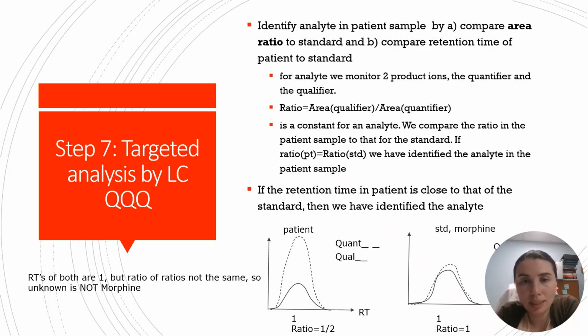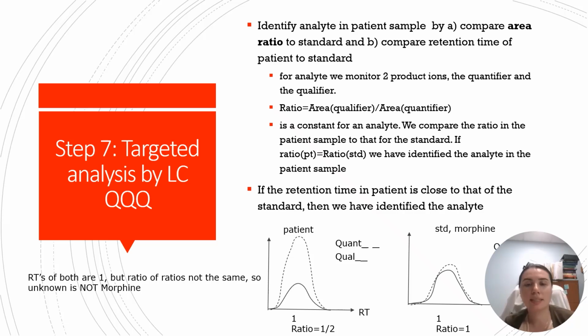This should be constant for any analyte because remember what you're doing is you're measuring the intensity ratios of those 2 product ions within the spectrum of your molecule, which should be unique to your analyte. And so you compare this ratio in the patient sample to that in the standard. If the ratio is the same, then you have identified the compound as what you think it is.